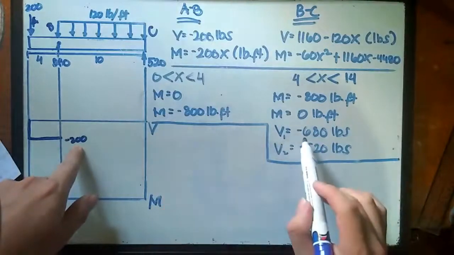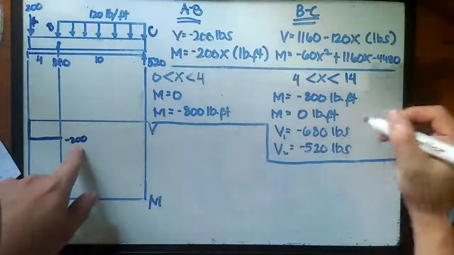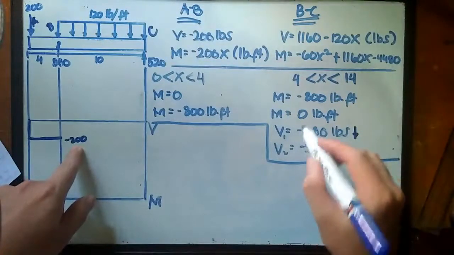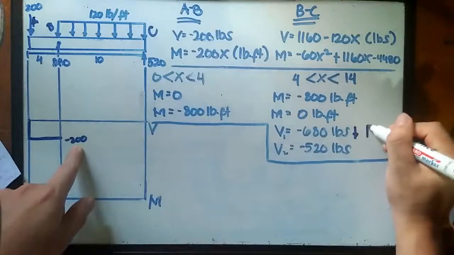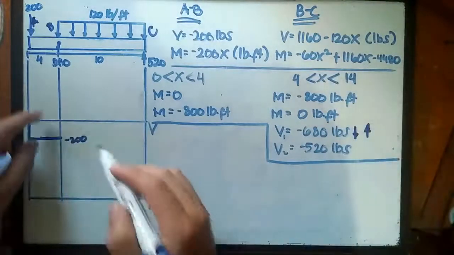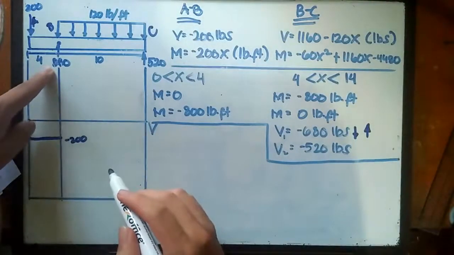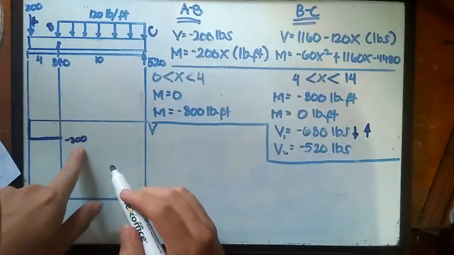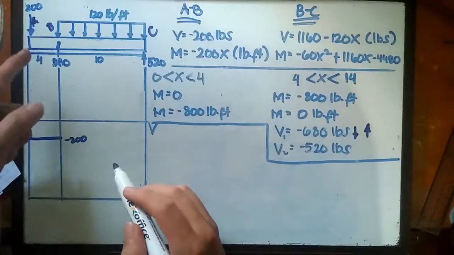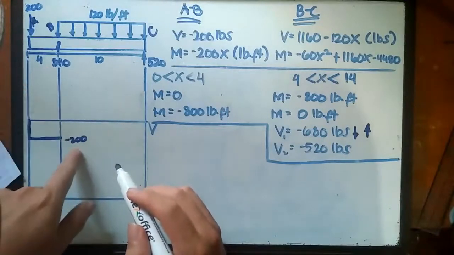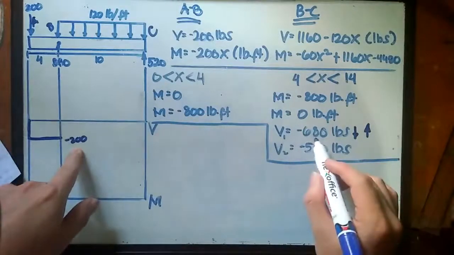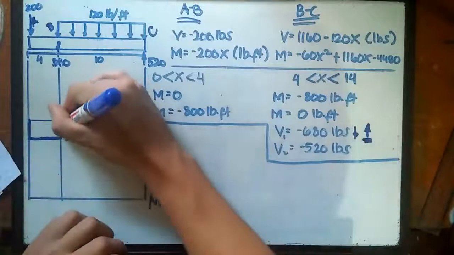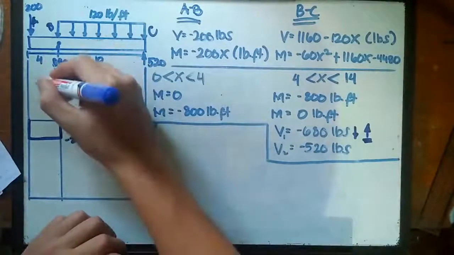Initially this was going downward, so if we change the sign, it becomes positive because the direction is going upward. So from negative 200, we go up 880 units, and 880 minus 200 is positive 680. So we're going up.